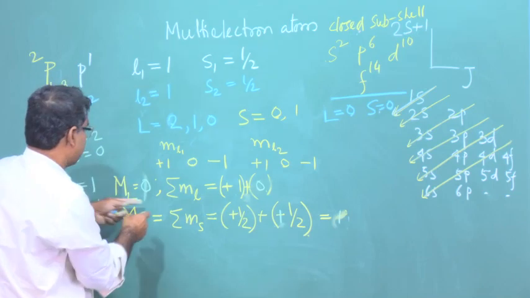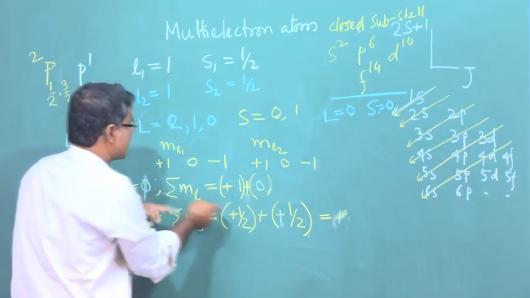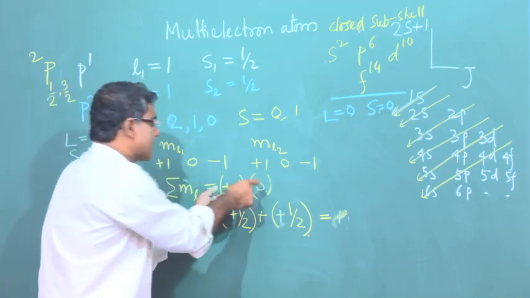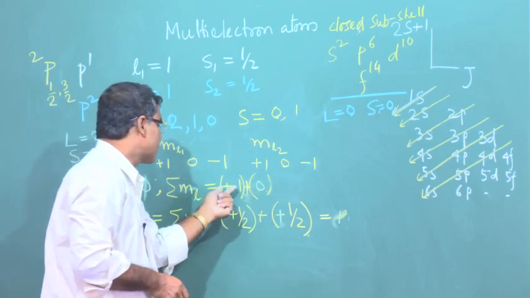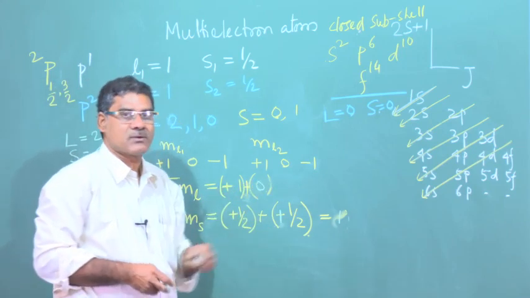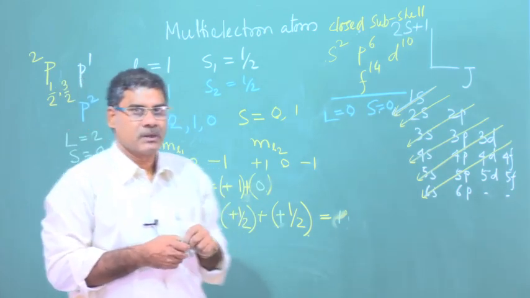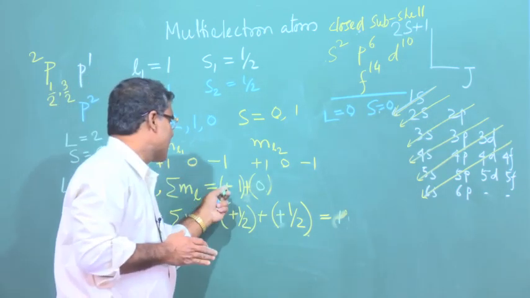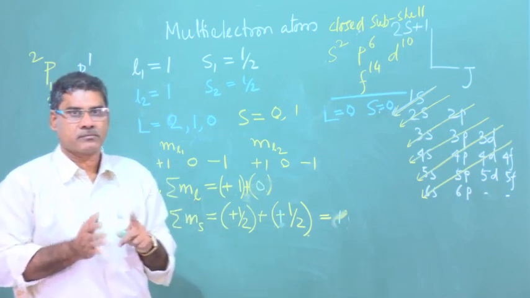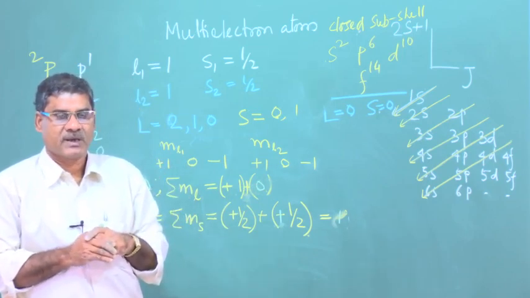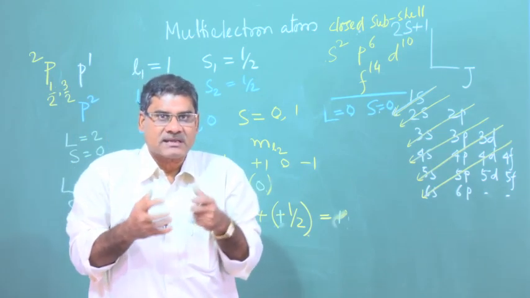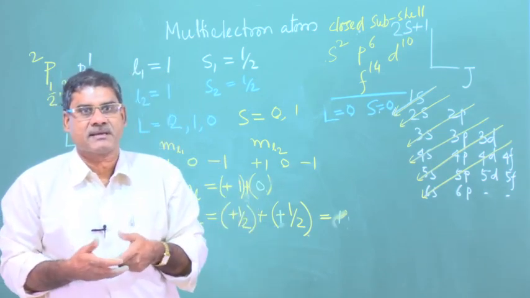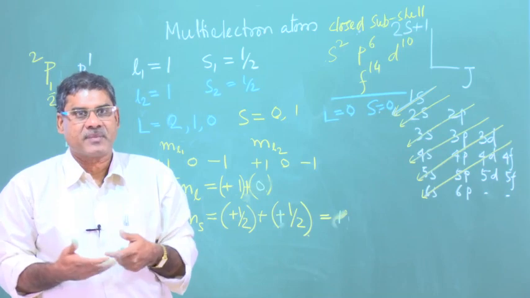So, Ml 0 means either both are 0 or one is plus 1 and another is minus 1. Okay. So, if it is plus 1 and then minus 1, there is no problem. But I have to see whether both are same, whether that combination is coming in the picture or not.